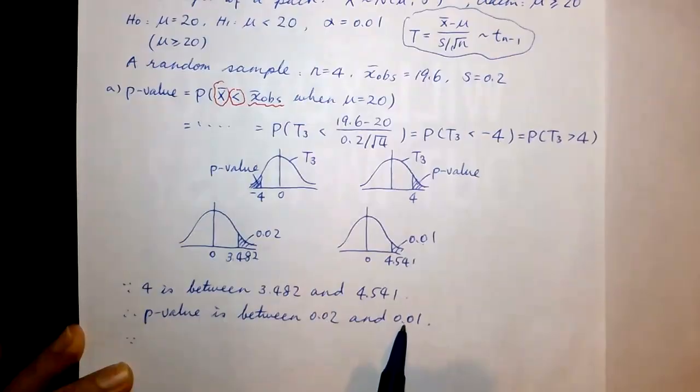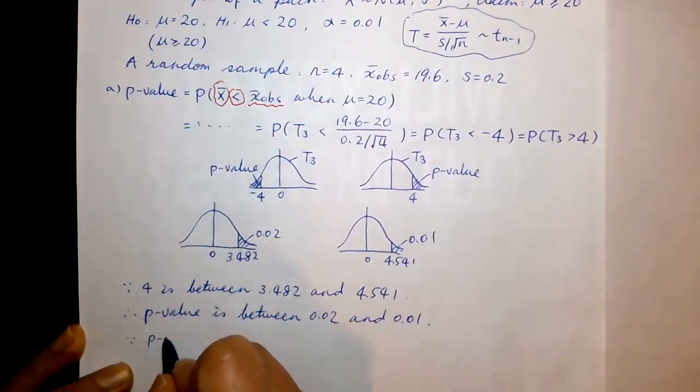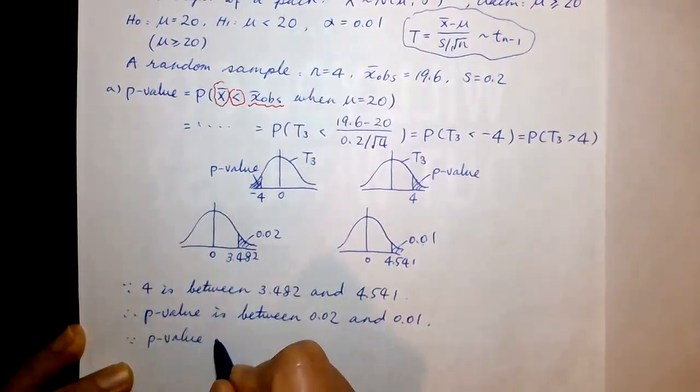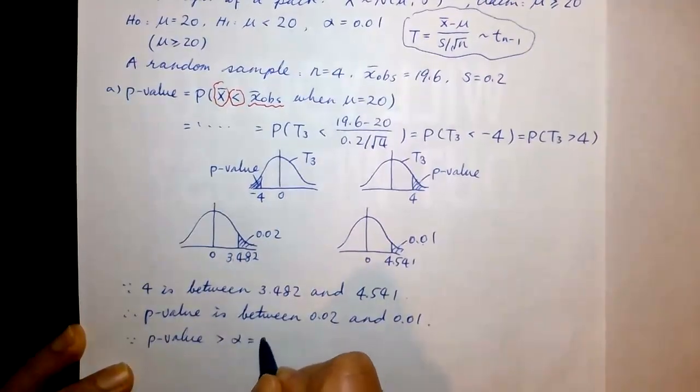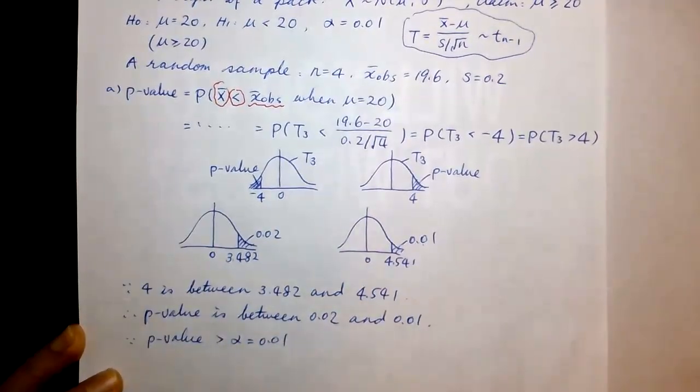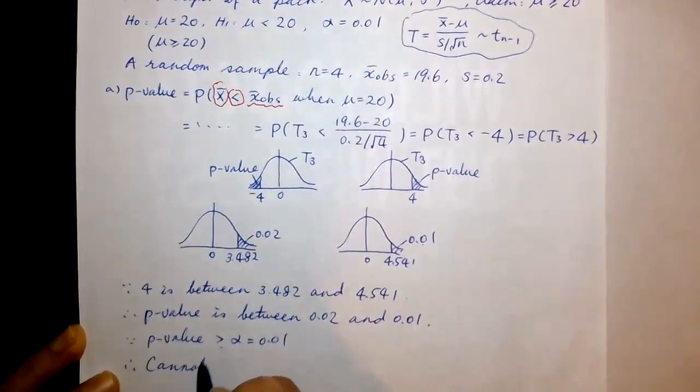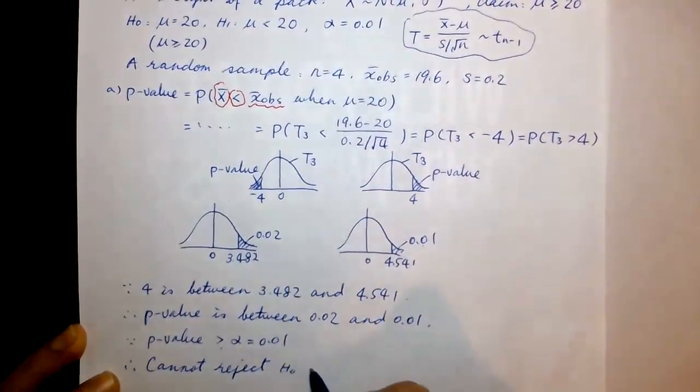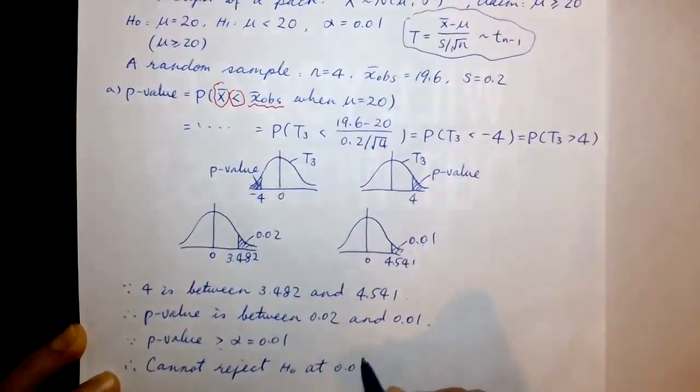No matter where p-value falls, it's greater than 0.01. Because p-value is greater than alpha, we cannot reject H naught.